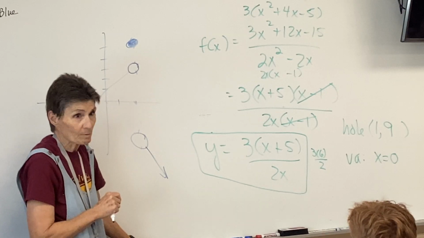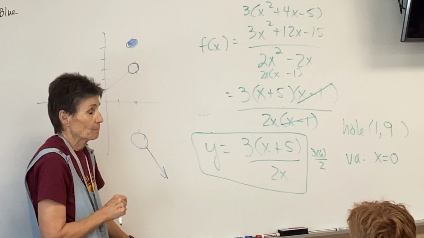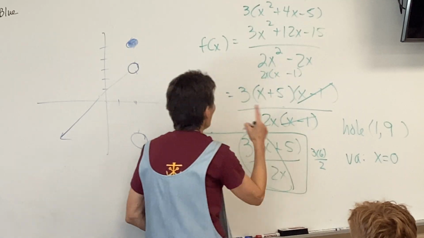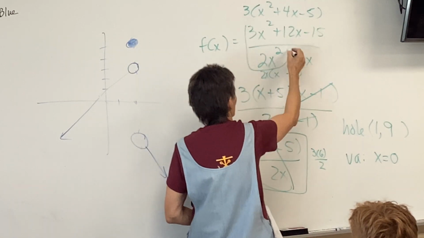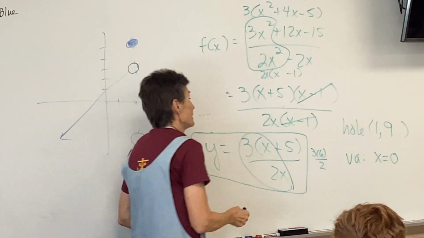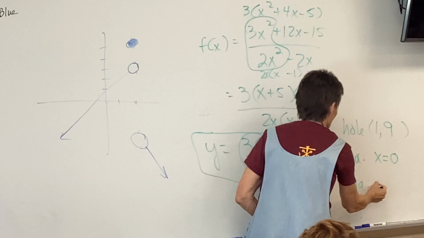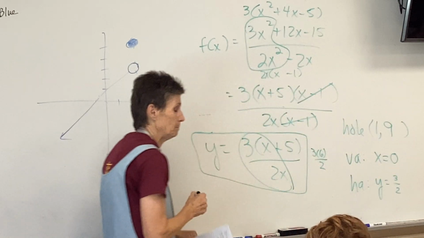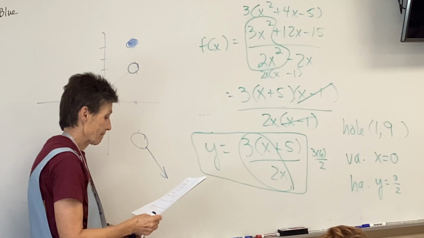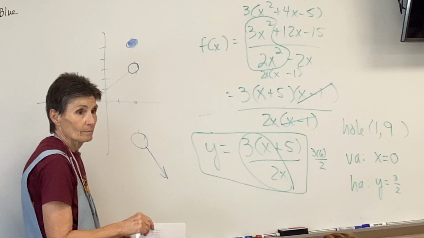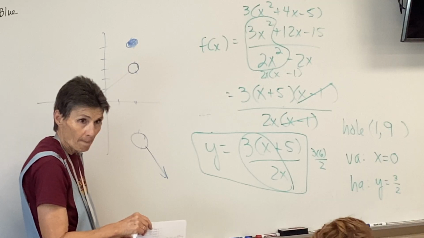That's your vertical asymptote. How about horizontal? Look right here, or you could go back and look at the original if you wanted to. Doesn't make any difference. Either way, it's y equals 3/2. Okay?